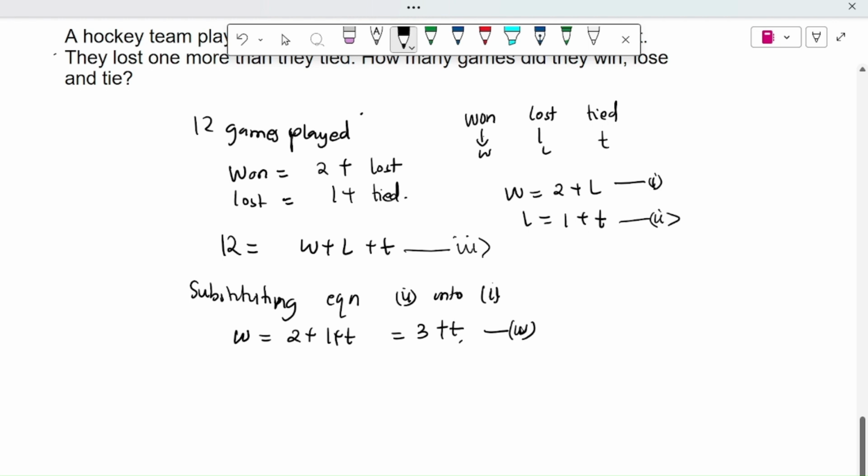Instead of W, we are going to substitute this. Instead of L, we are going to substitute this. So substitute equations 2 and 4 into equation 3.